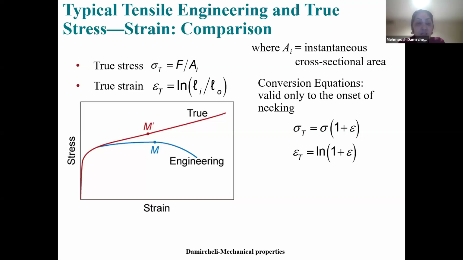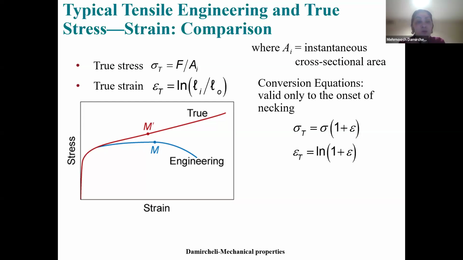True stress and engineering stress, true strain and engineering strain. We talk about that; it is more accurate if we want insight into the properties, but definitely measuring that is difficult for us.